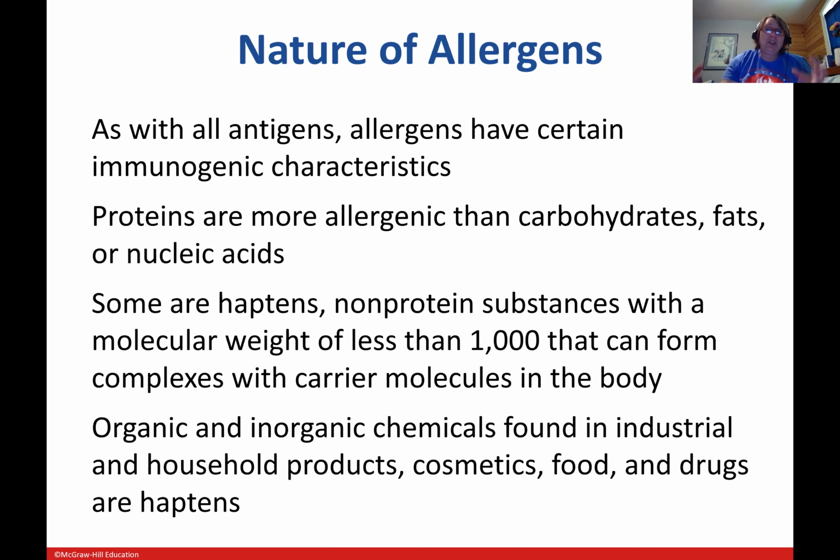But if you conjugate them to a larger thing, generally a protein, then that protein gives the hapten the weight that allows the immune system to recognize it. And then the hapten is the allergenic or antigenic part. Well, in the case of allergy, it kind of works against us. That tiny hapten attached to a protein is going to cause that allergic reaction.